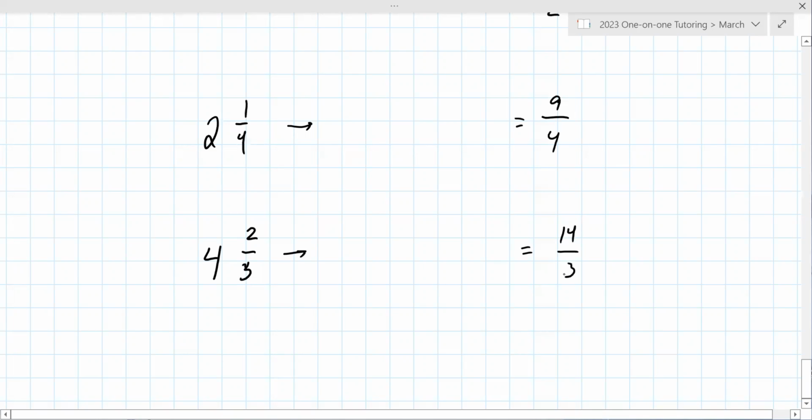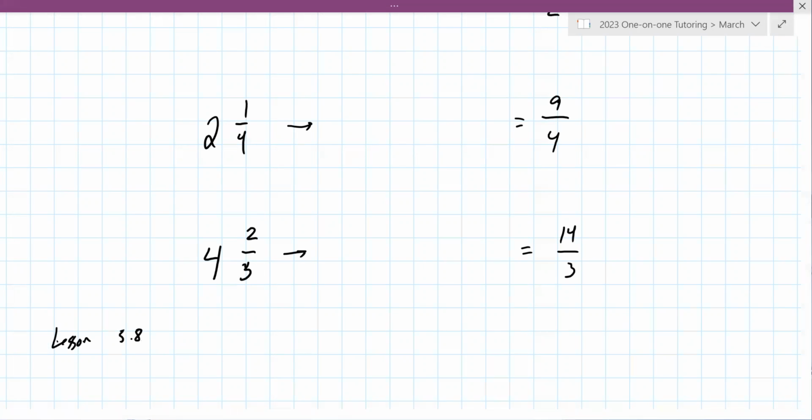All right. So let's do a new problem here. This is from lesson 5.8, which is upcoming. Let me snip this problem in.